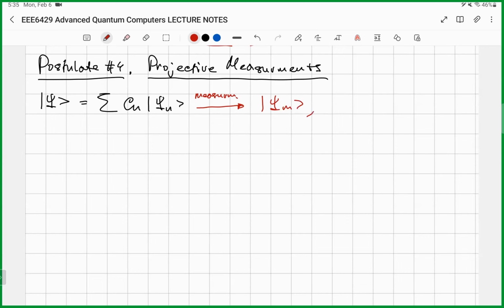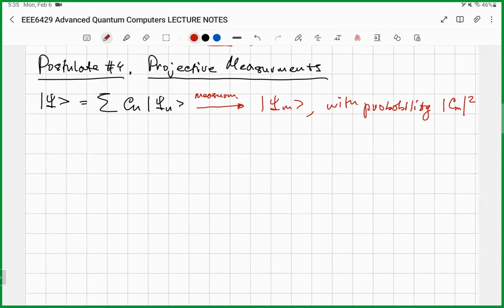And according to the Born's rule, right, I'll get this state psi m with probability modulus c_m squared.